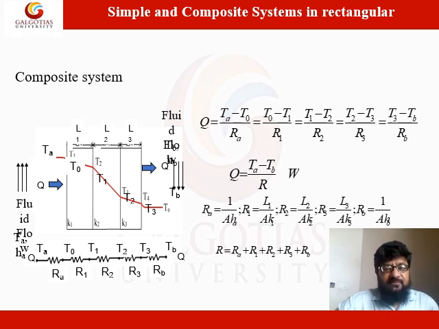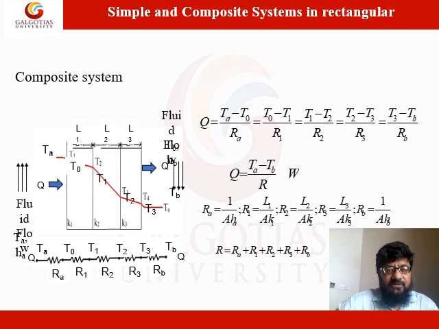Suppose the lengths of refractory linings 1 and 2 and the brick are the same, with thermal conductivities K1, K2 and K3, and the temperatures are known, for example.